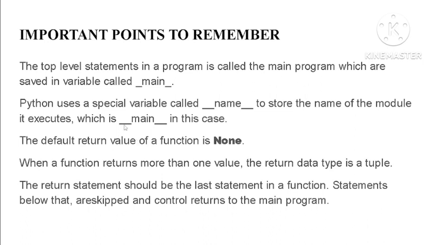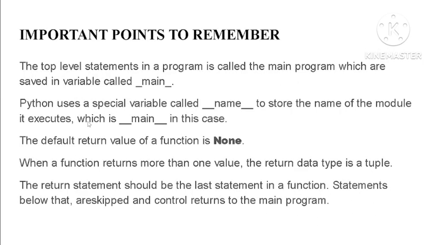So in this case, __main__ will be saved inside the __name__ variable. Okay. You may be asked about these two in 1 mark questions. You have to remember. Python uses a special variable called __name__ to store this name. What does this name contain? This __main__ is the set of lines which are going to get executed first.